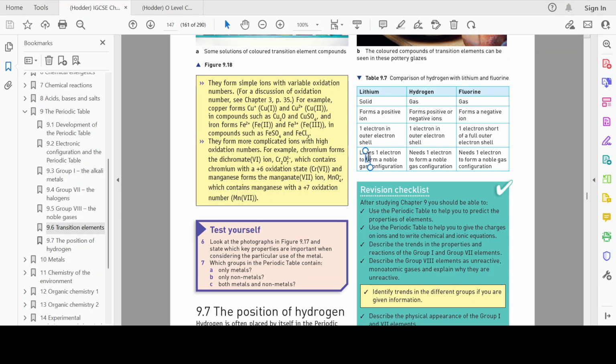Lithium loses an electron to form a stable noble gas configuration. Fluorine gains one, so the same thing. And hydrogen can do both. Technically, it needs an electron, because if it loses an electron, it's just a hydrogen ion, or a proton.